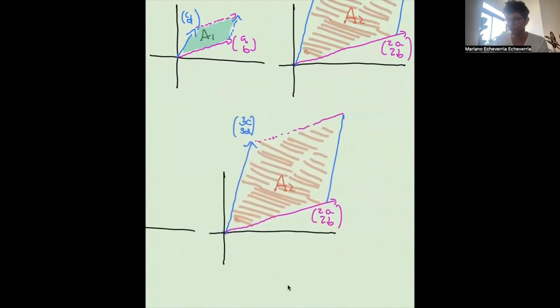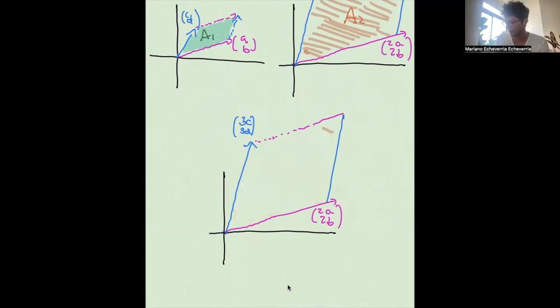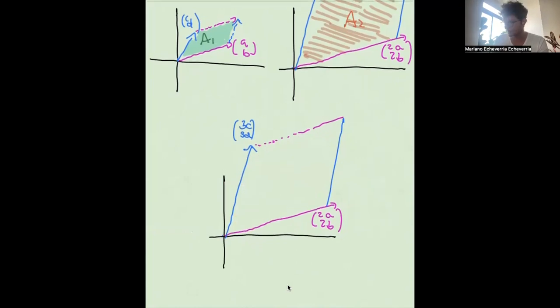So one thing you can do, if you wanted to, in this case it's very explicit, is literally make some copies of the first parallelogram into the second one. For example, this vector is twice as large, so there's a copy of this vector that contains this one. So you can draw it here, right?